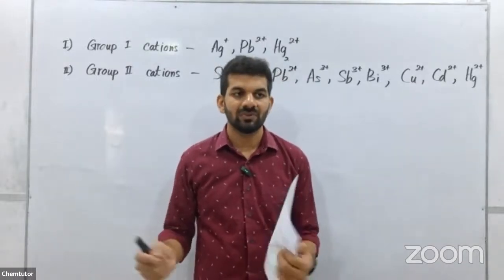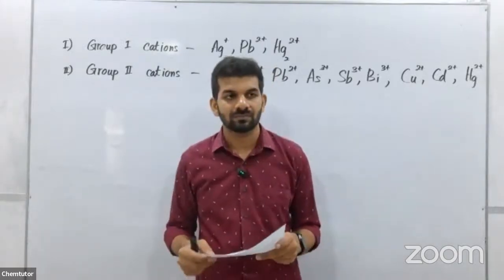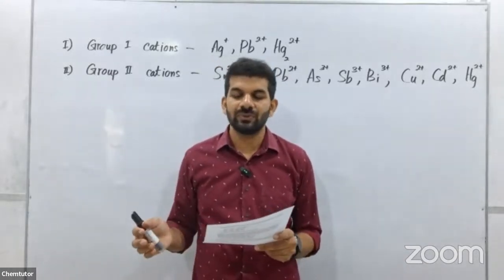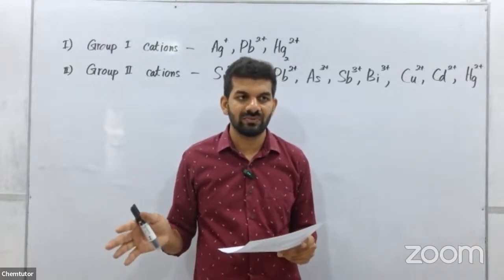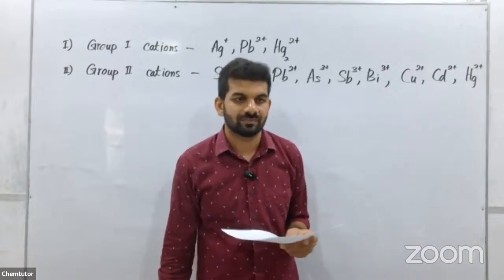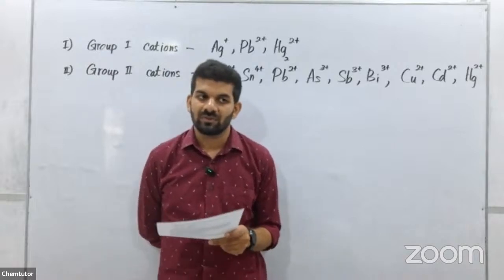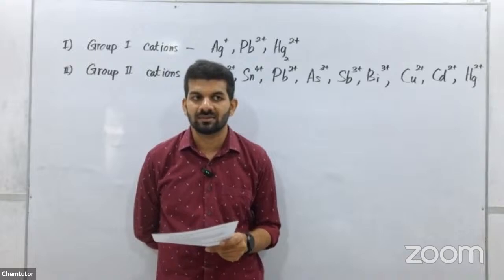Therefore, we do not consider Fe2+ as a group 3 cation. If you do not heat with nitric acid, then Fe2+ ions will be present. Since it will interfere with the chromium, we eliminate it as Fe3+ ferric ions.